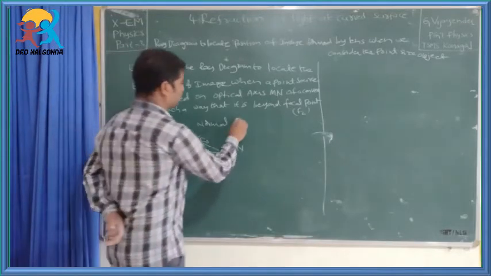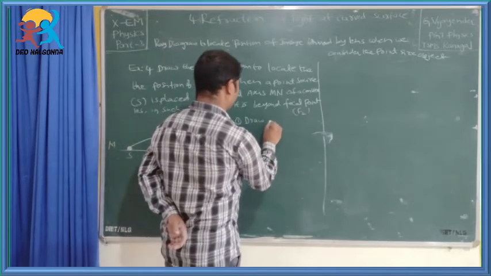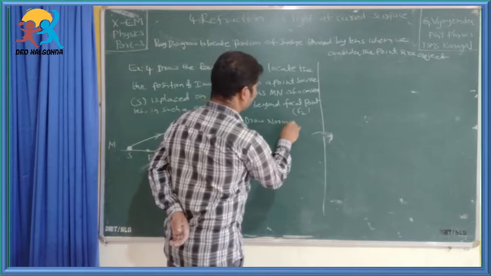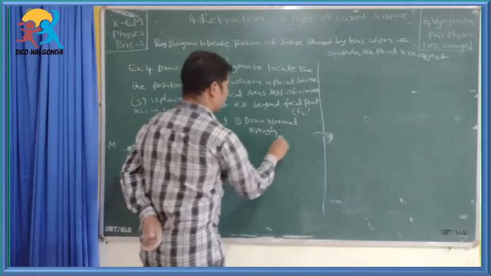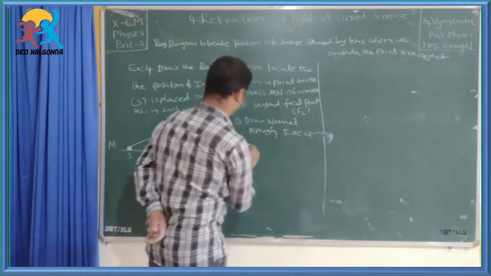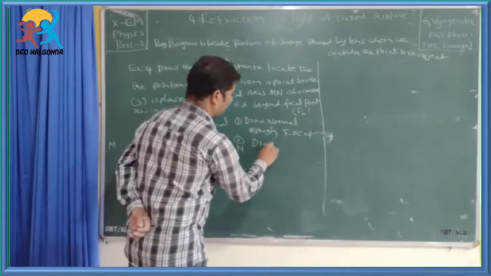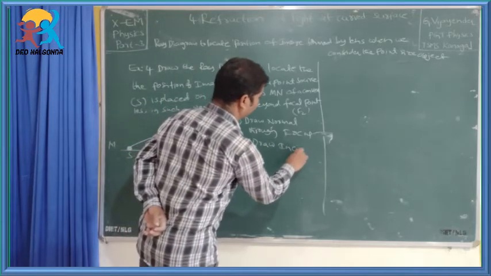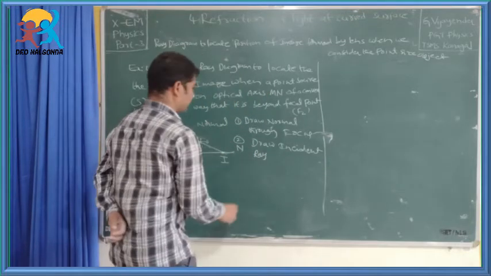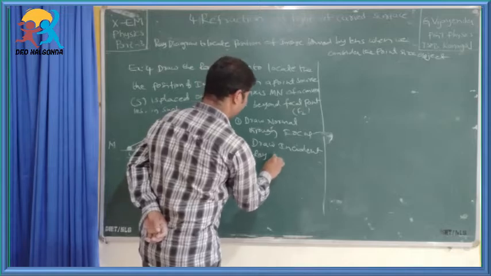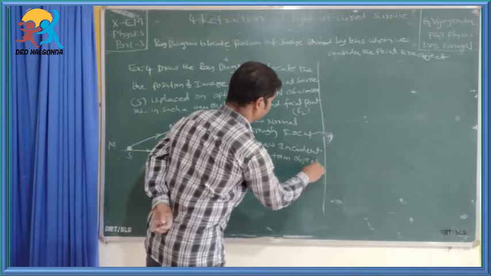So the steps: first, draw normal through focus. Second one, draw incident ray from the object.